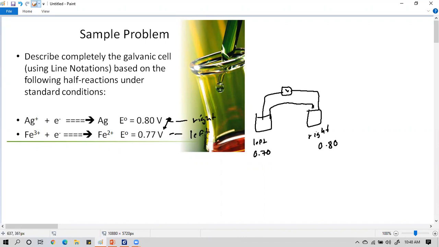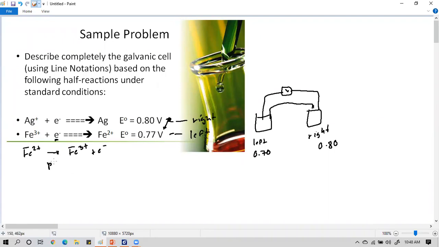Now, let's write the one. Pero dito, mapapansin para silang reduction. So, you will reverse the reaction here to conform, Fe2 positive, kasi siya yung na-oxidize. Kasi na-reduce form lang sila. So, ayun yung mangyayari. Now, what are the electrodes?